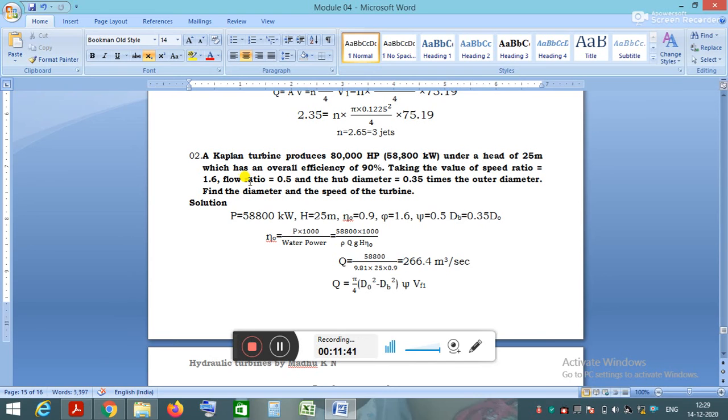But he has given the flow ratio as 0.5. Therefore, the flow velocity at the inlet is 0.5 times the absolute velocity.